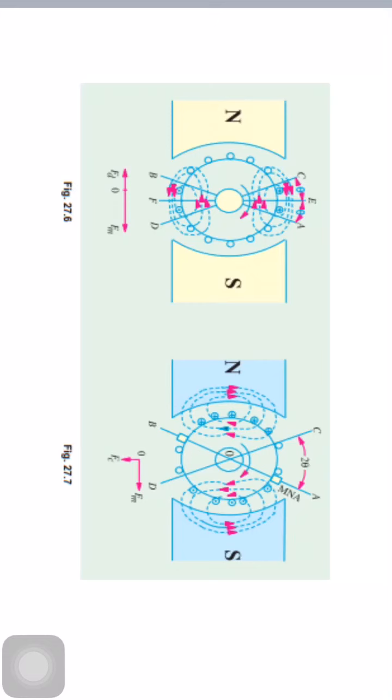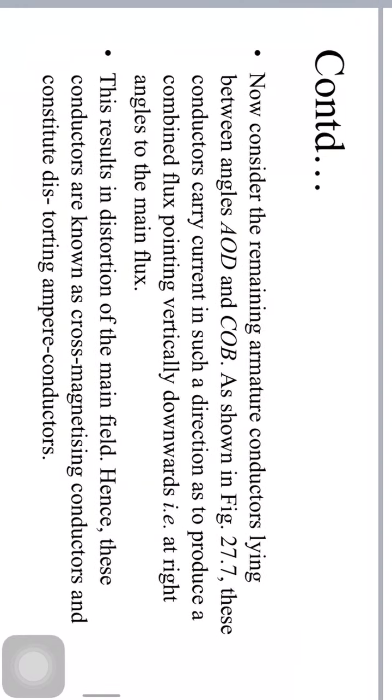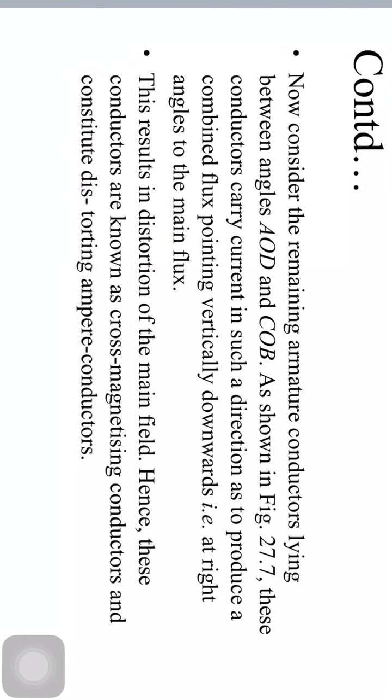These conductors produce the cross magnetizing effect. That is, they produce uneven flux distribution on each pole. Therefore, they are called cross magnetizing conductors and constitute the cross magnetizing ampere turns of armature reaction.